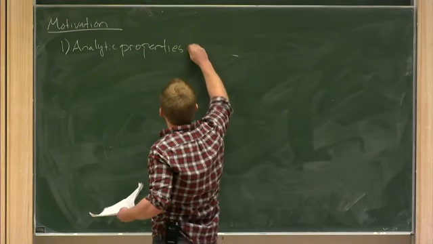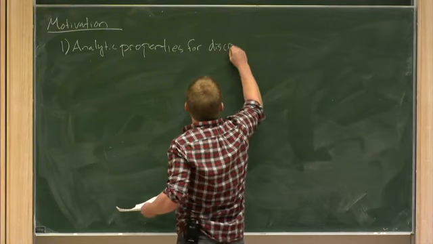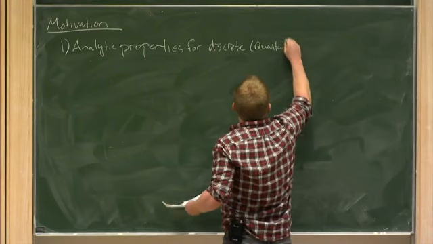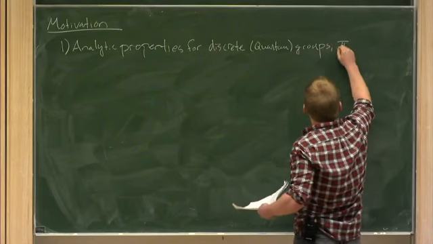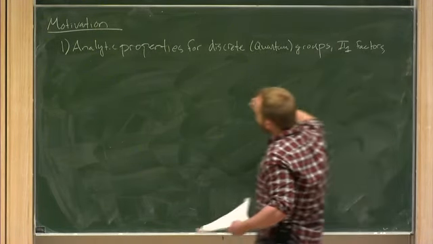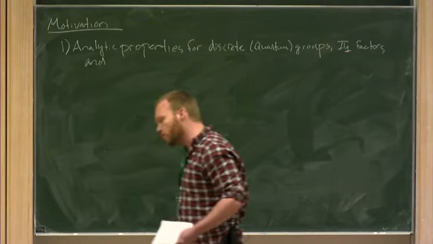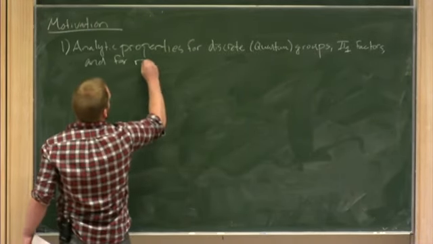They can be defined for, in particular, discrete groups, but also discrete quantum groups, for II-1 factors, as Sarin was talking about earlier, and also for rigid C-star tensor categories. And these are definitions that were introduced about 2 years ago by Popa and Vaes.